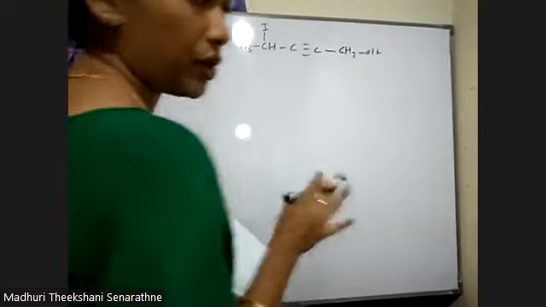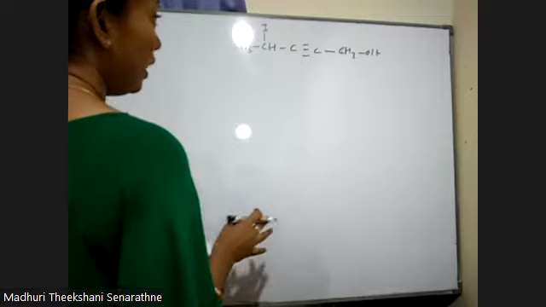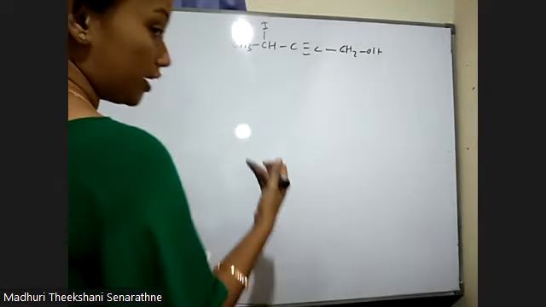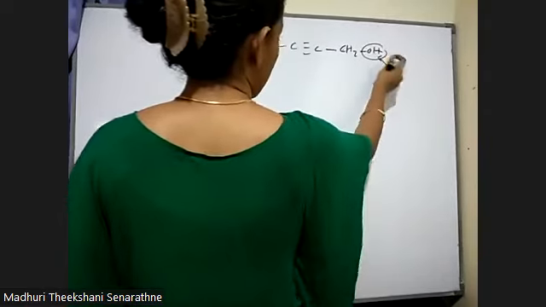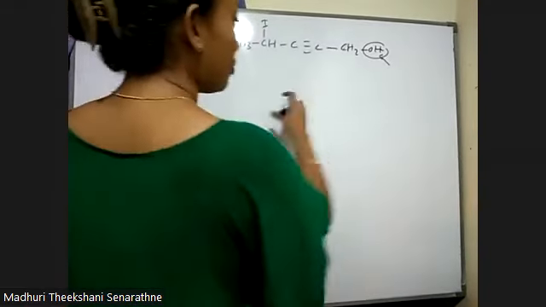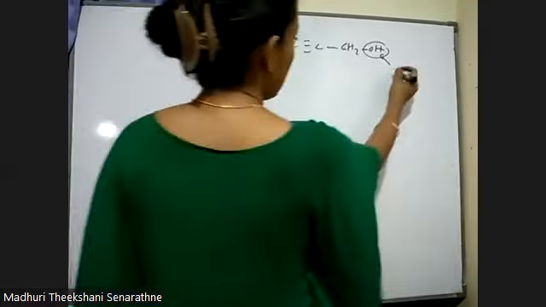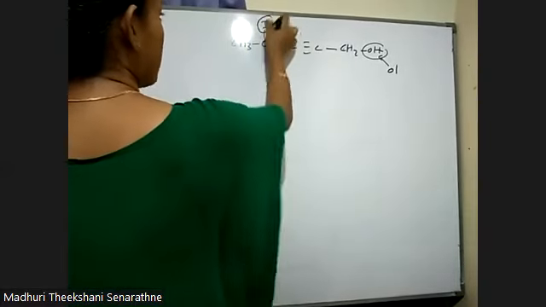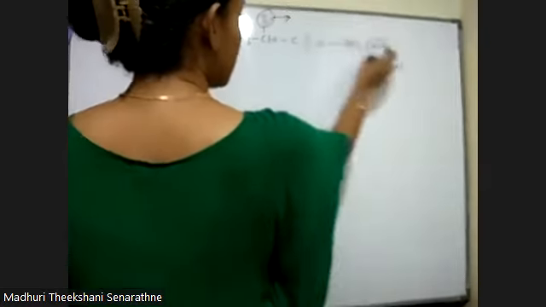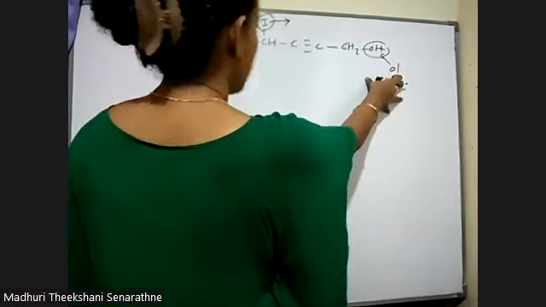First of all, you have to identify the main functional group. This is the main functional group. It is an alcohol. Therefore, the name should end with the term ol. There are other functional groups, but not as strong as the main functional group.